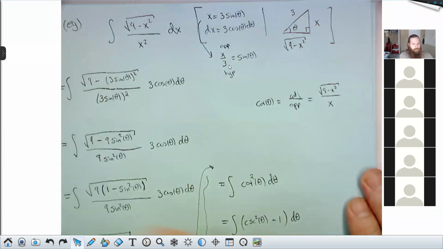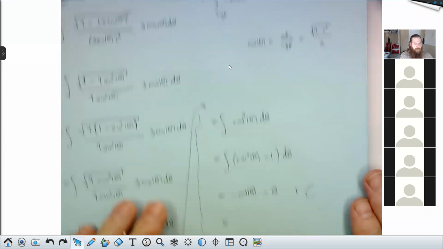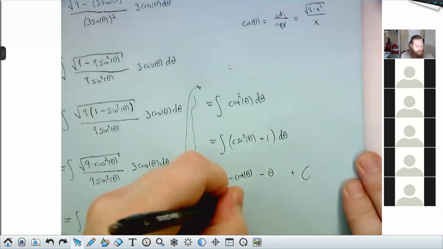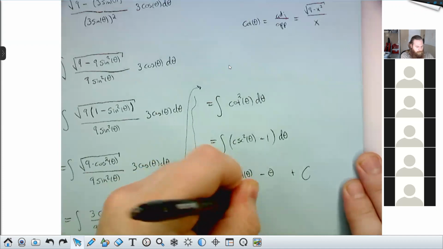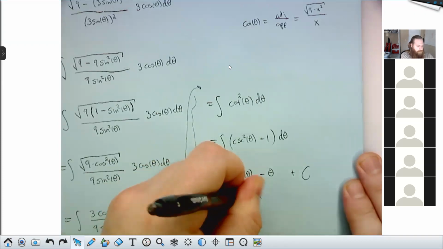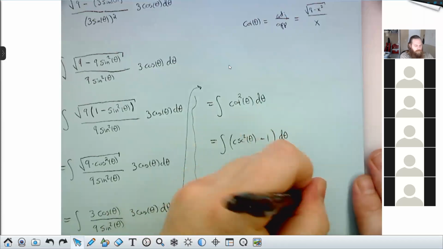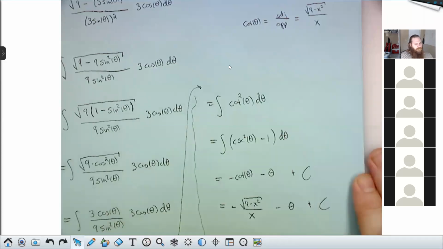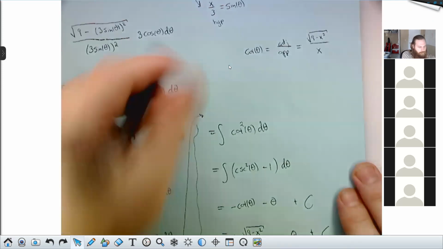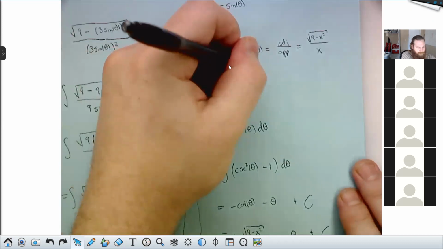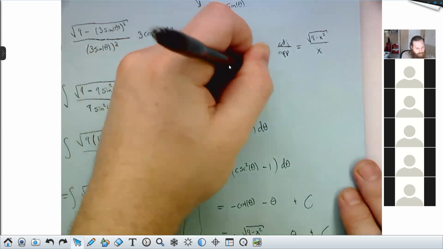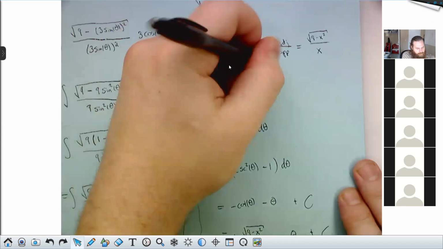So down here, negative cotangent theta is negative square root 9 minus x squared over x. And then I still have this minus theta plus c. What about the theta? There's a handful of ways to write this, but we know the substitution I made was sine theta equals x over 3.